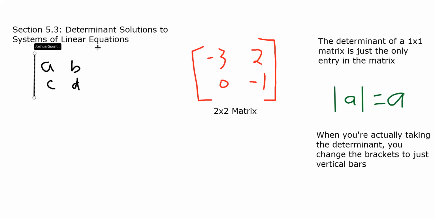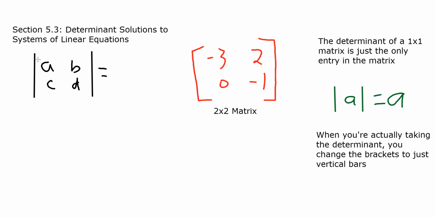And all the vertical bars say is, hey, look, I'm taking a determinant of this matrix here. Whenever you're writing the matrix itself, you still use the regular old brackets. The determinant is going to be, it kind of works out in a weird way. It's kind of a neat little formulation.